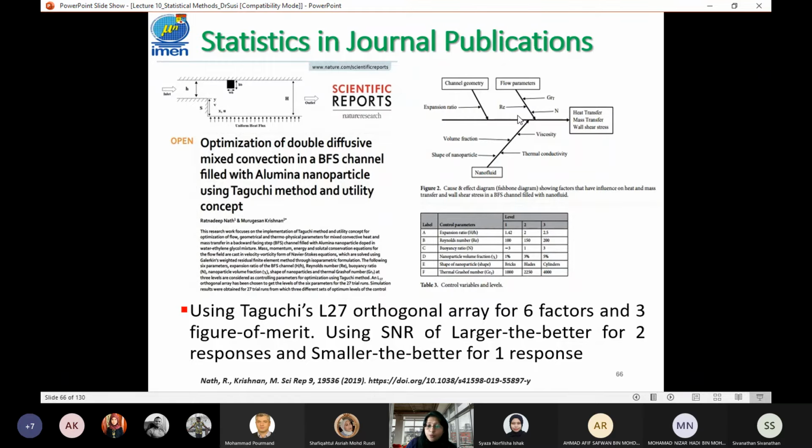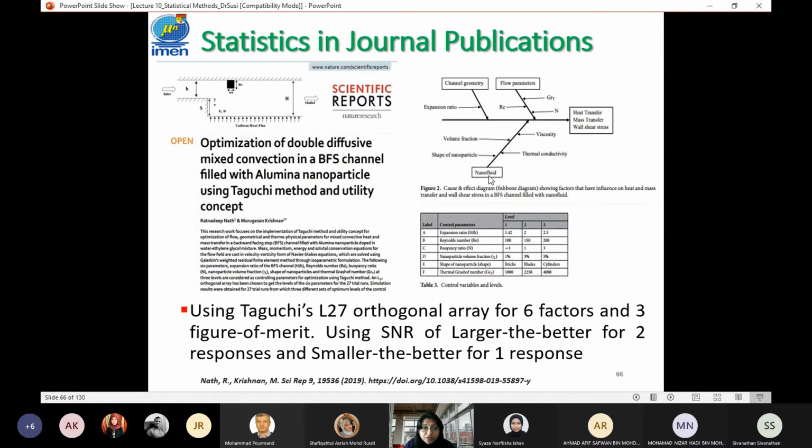What parameters affect these 3 main parameters? You have the expansion ratio, the Reynolds number, Re, the buoyancy ratio, and Gr, the thermal Grashof number. These are technical terms related to the channel.